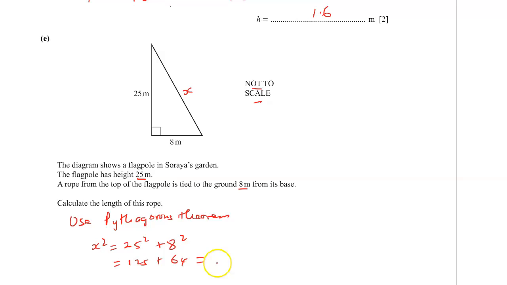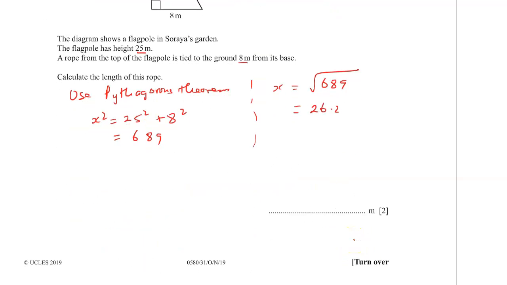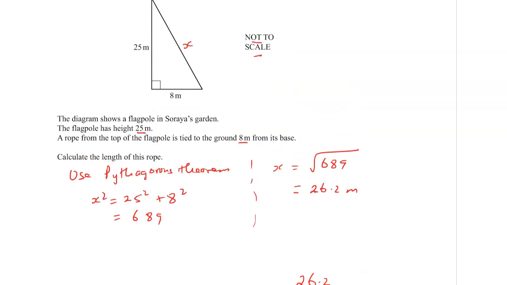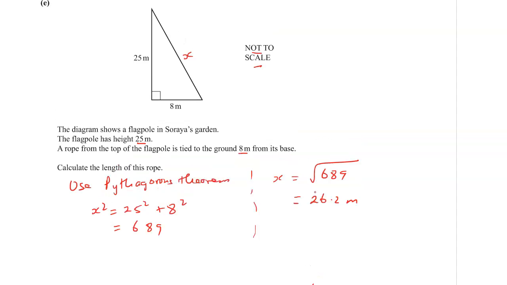When you add them up, you get 689. So x is equal to the square root of 689, which you get as 26.2 meters. So 26.2 meters is the length of the rope.